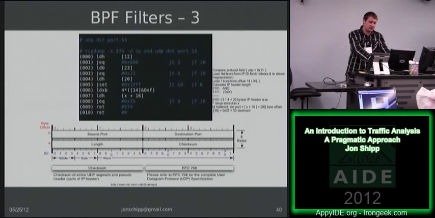Okay, so we're at 006 now, where we calculate the IP header length, and in this little equation you can see the 4 multiplied by these in the parentheses. We load the 14th byte off of the frame and do a bitwise AND with the hexadecimal F, which is 15. We do this because this is the header length field, it's 1 byte, and it's separated into 2 nibbles.